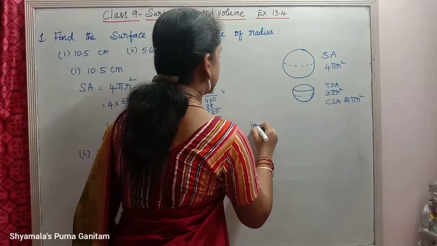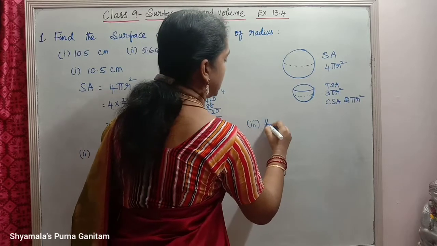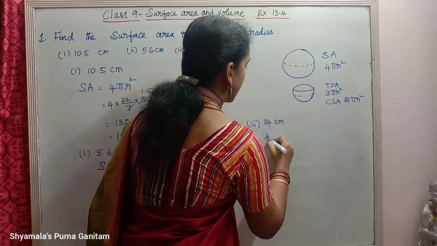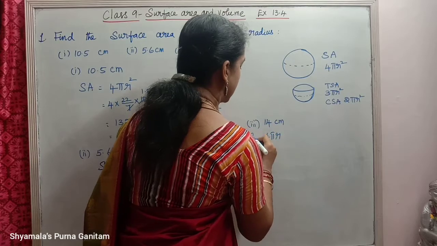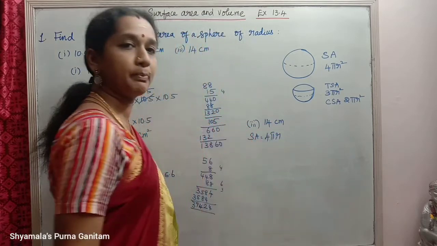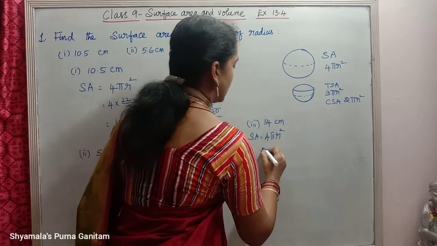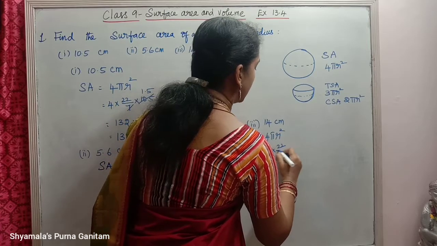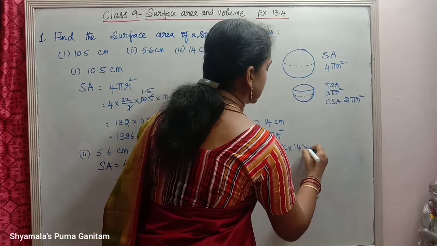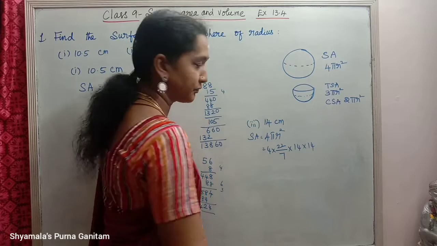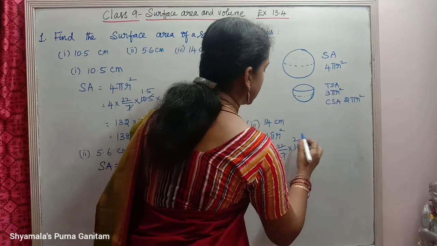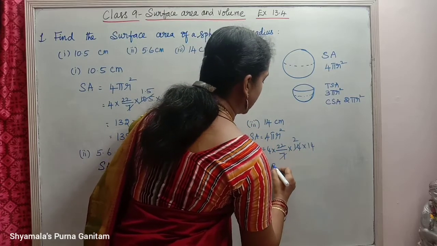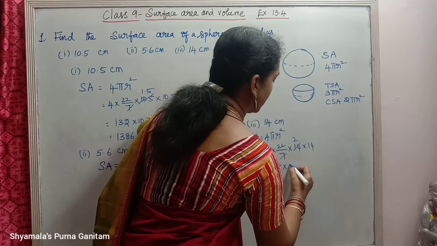Then third sum is 14 centimeter. So surface area is equal to 4 pi r square. So 4 into 22 by 7 into radius is given as 14 centimeter. Okay, then 7 2s are 14. So 4 into 22 is 88 into 28.